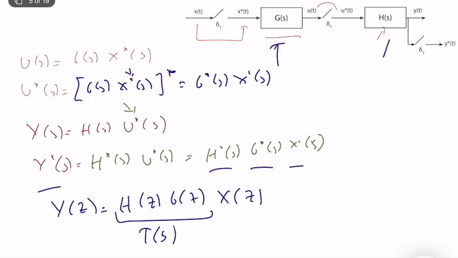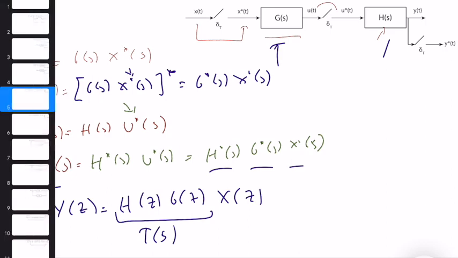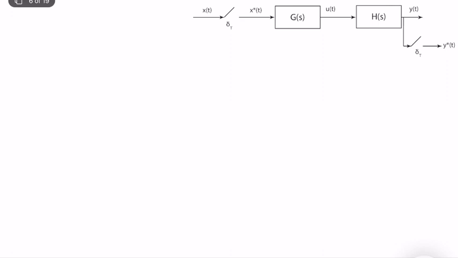Very good. So let's solve a different one. Now there is no sampling between the two transfer functions, just at the beginning and at the end. Let's try to find the result. U of s is equal to G of s times x star of s.